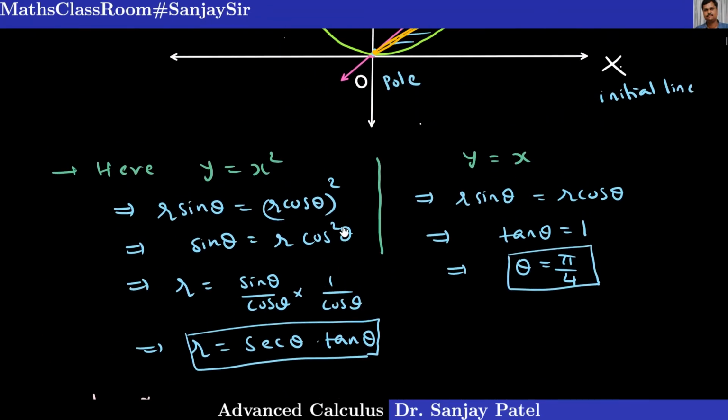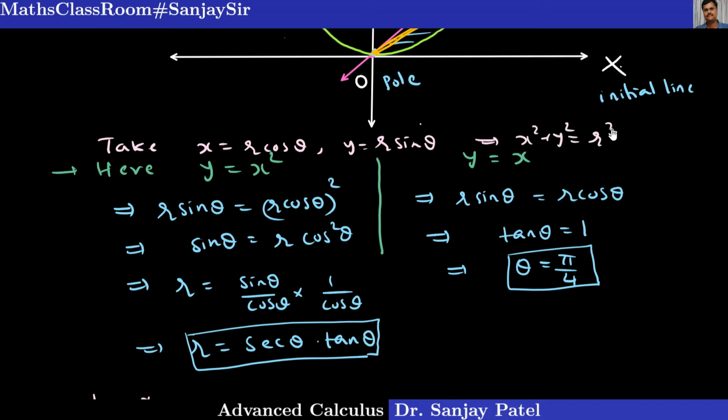So we take, actually, I should write here, take x equal to r cos theta and y is equal to r sin theta, and that gives us x square plus y square is equal to r square.